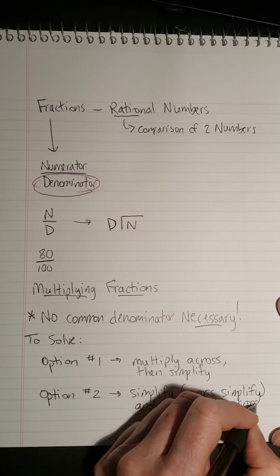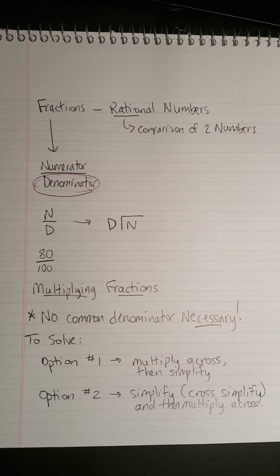Honestly, I used to hate fractions when I was growing up, and I'm still not a big fan of fractions, but as you understand fractions more, it'll make more sense, and then you can just whip through these without even thinking about them. But I choose option number two if I can at all simplify in the problem.